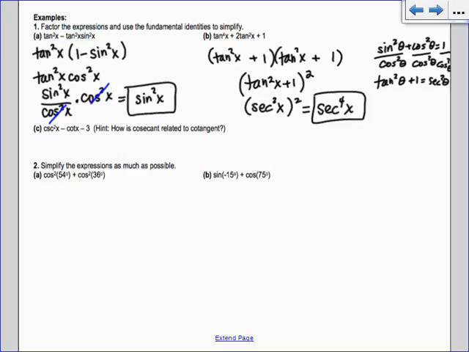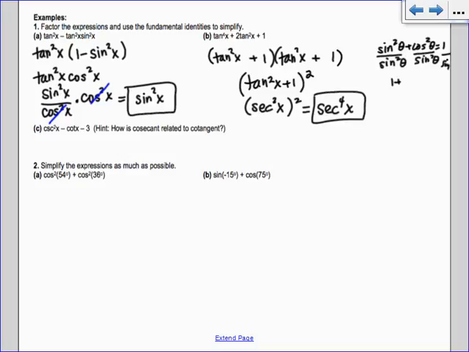All right, now part C is a little bit tricky because now we don't have the same function. Previously we had tangent to the fourth and tangent squared, so we could factor, which is kind of strange, but it worked. But now we have cosecant and cotangent. So I gave you a little hint: how is cosecant related to cotangent? Again, if you need to, off to the side, figure out what the Pythagorean identity is. I want cosecant and cotangent, and cotangent is cosine over sine, so I divide through by sine squared.